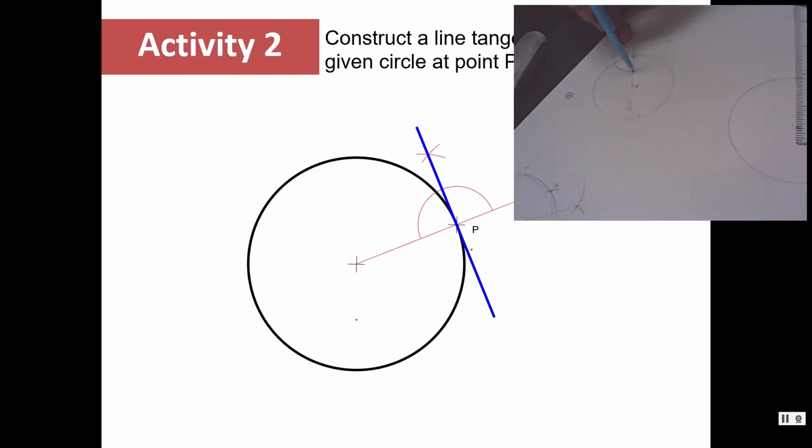From this point, we just draw one arc at the bottom and one on the top, so that we are going to get a point at the top and at the bottom.